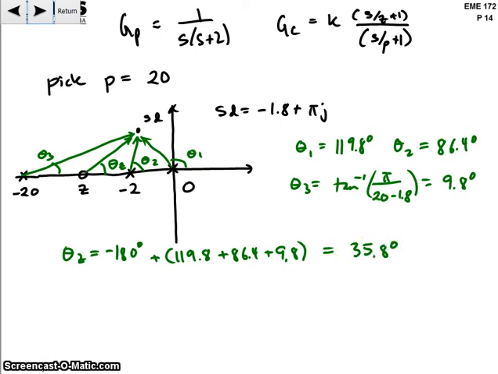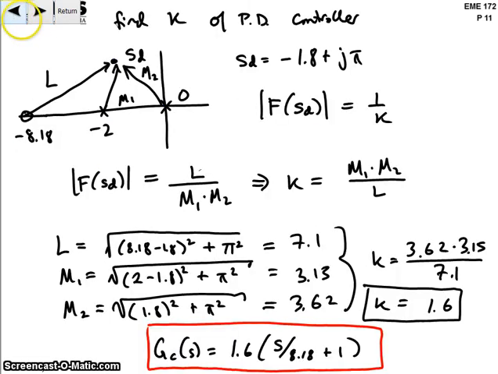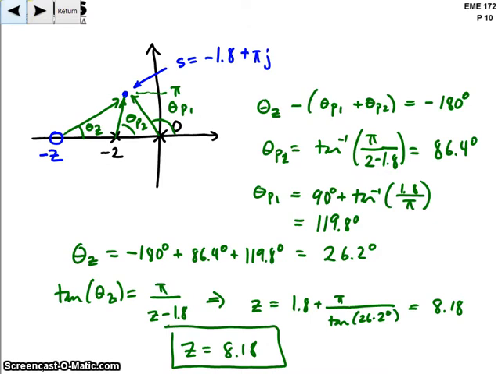Okay? And if you compare to the PD controller when we were back here, let's see, a little bit further back. Okay, so we didn't have that pole, and so we only needed 26.2 degrees from this zero. So the zero could be a little bit further into the left half plane. I need a little bit more.